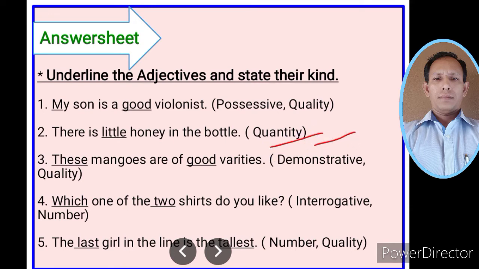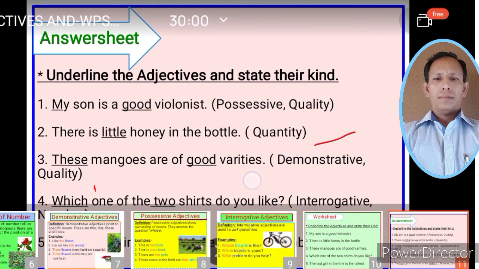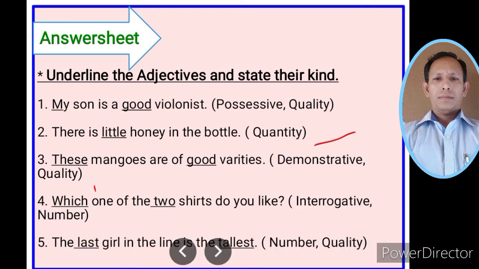The third sentence is, these mangoes are of good varieties. Here adjectives are these and good. Which mangoes? These mangoes, not any other mangoes. The word these is showing some particular, some specific nouns.